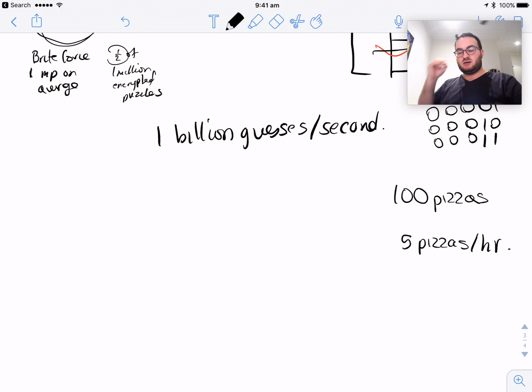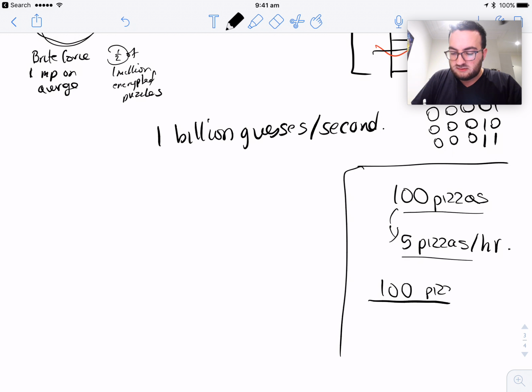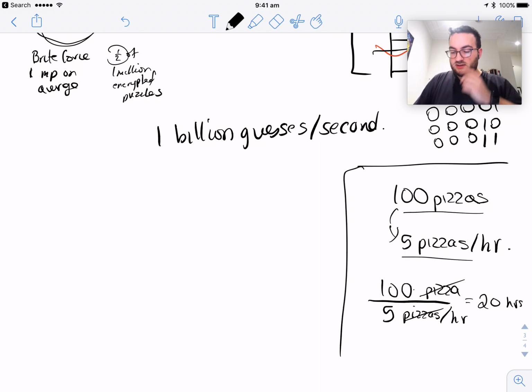If I asked how long it would take Adam to eat all the pizzas, you just take the number of pizzas, 100, and put it over how many he can eat per hour, 5. The hours cancel and it becomes 100 over 5, which is 20 hours. That's how long it takes Adam to eat it.